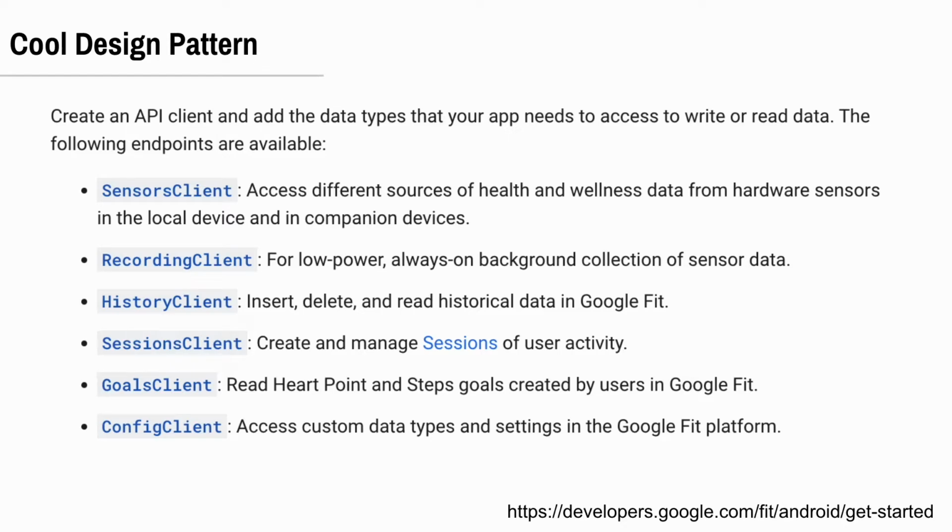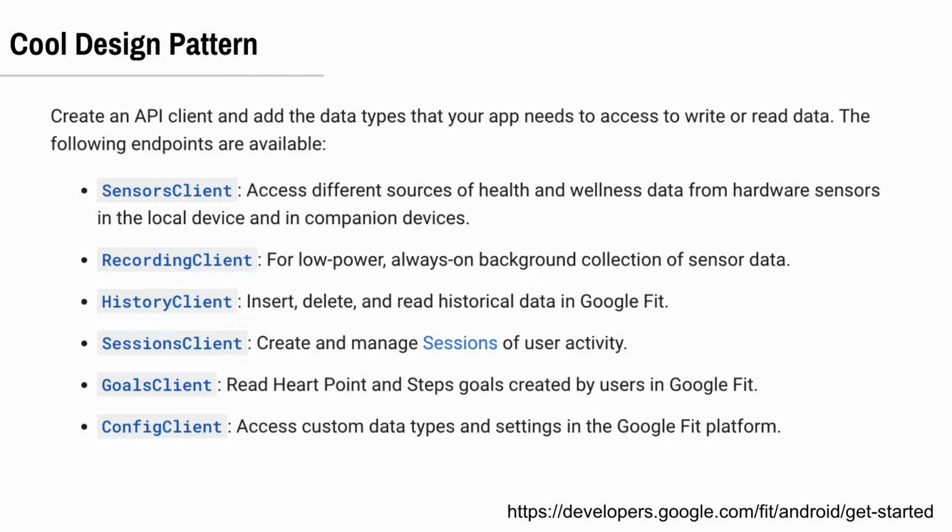Actually, there's also session, and then there's history client, which is going to be for historical data. Session client, which is for creating and managing a session of user activity. So that's like your runs, any little exercises. The goals, that's more about heart points and steps, and any other goals that you can also create. So there's a little bit of that customization that you can do in any of these things. And then configs, which is more about accessing custom data types that you've created.